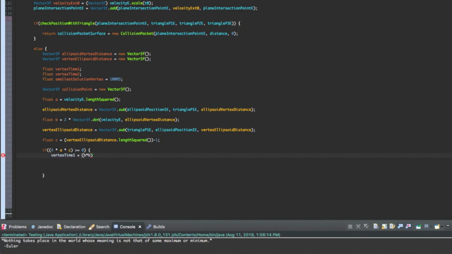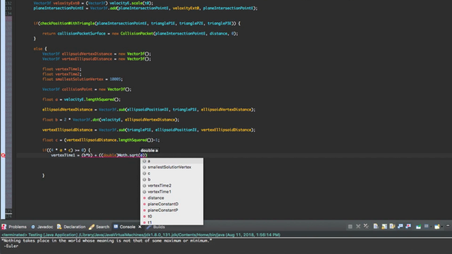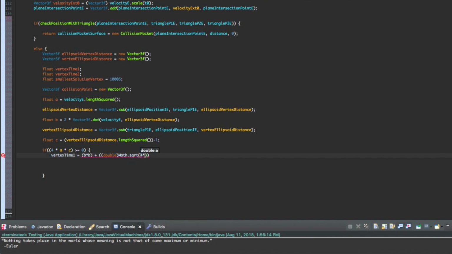So vertex time 1 is equal to b squared plus double math square root 4AC, even though that's wrong, it should be b squared minus 4AC, divided by 2a.